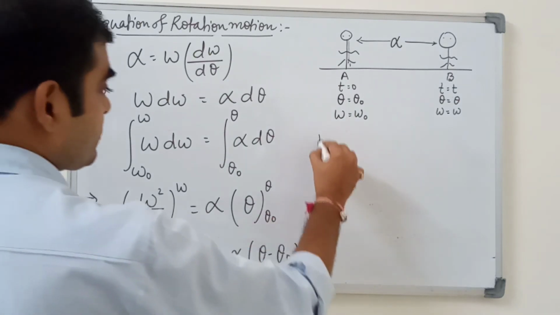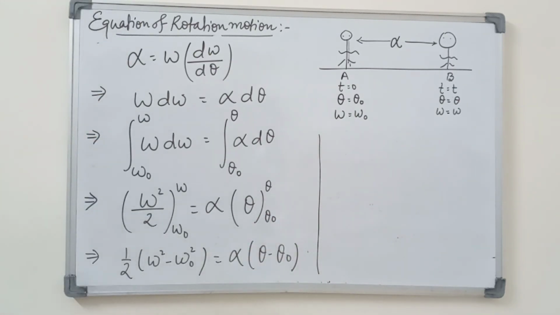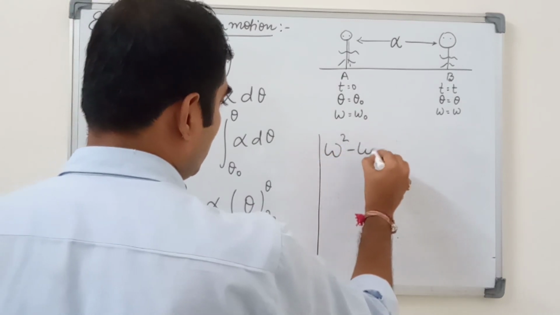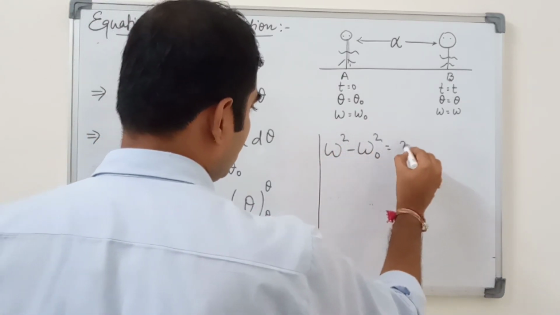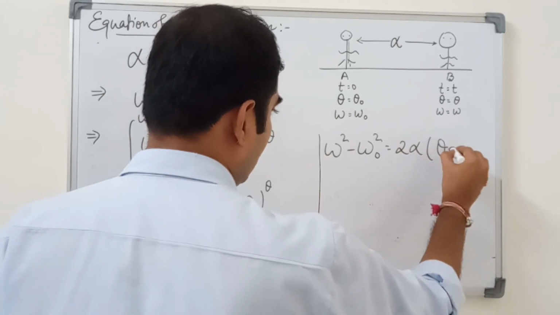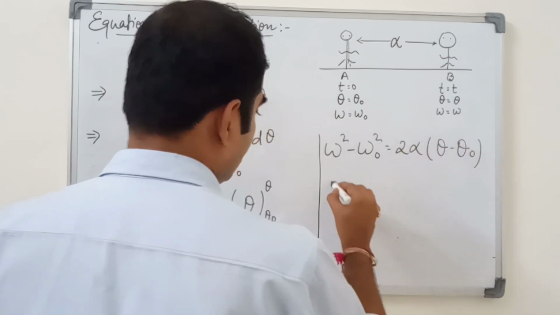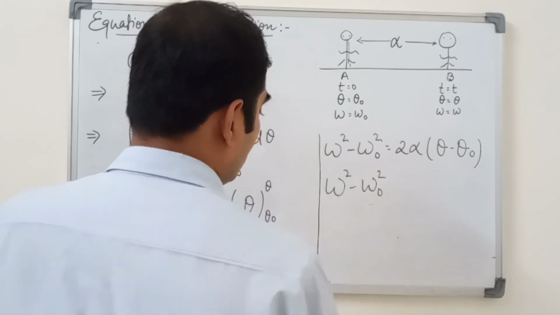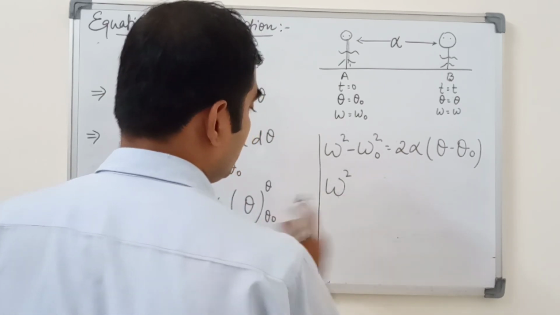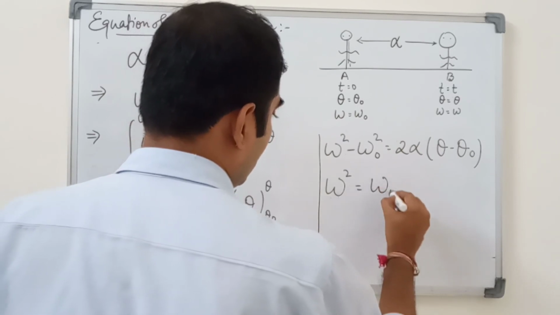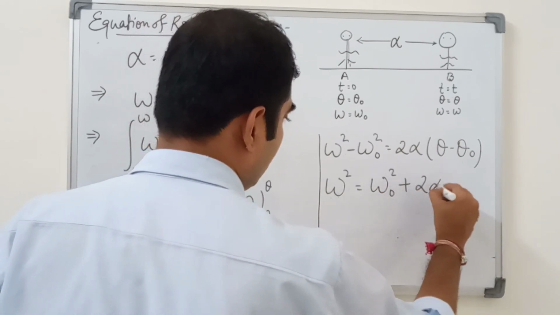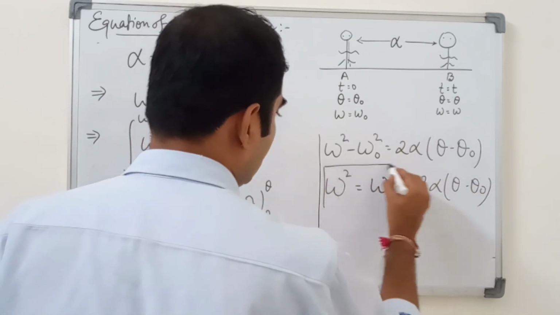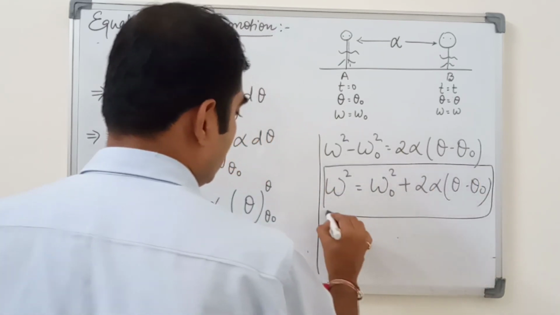Multiplying by 2, omega square minus omega naught square is equal to 2 alpha (theta minus theta naught). So omega square is equal to omega naught square plus 2 alpha (theta minus theta naught). So the third formula is found here.